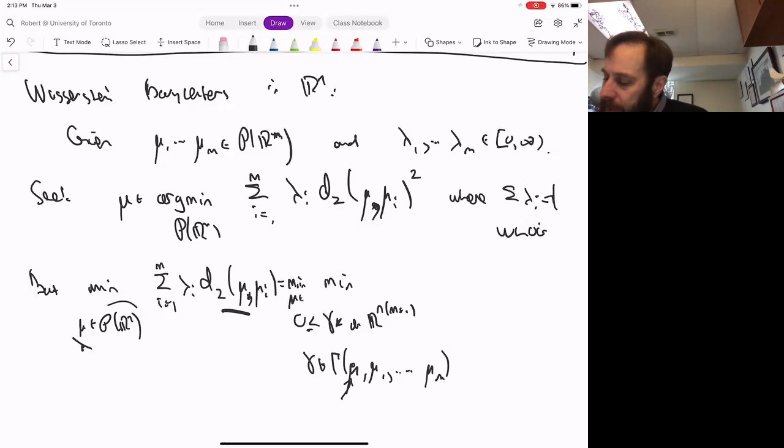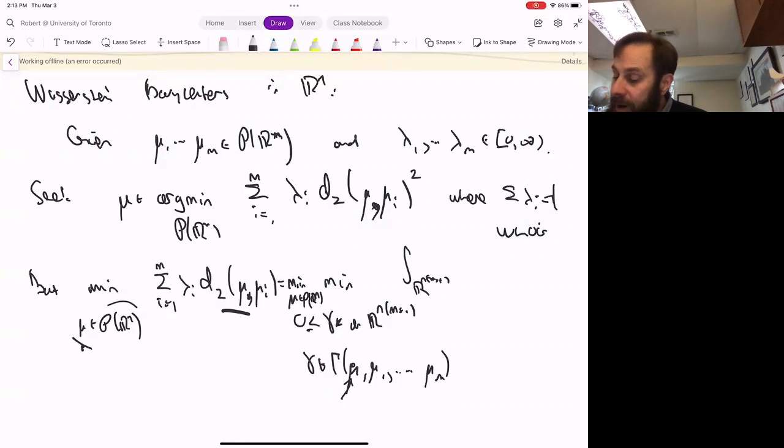And so this would be min over mu in probability measures on R^n. And then what am I minimizing over? It's now an integral over R^(n(m+1)).